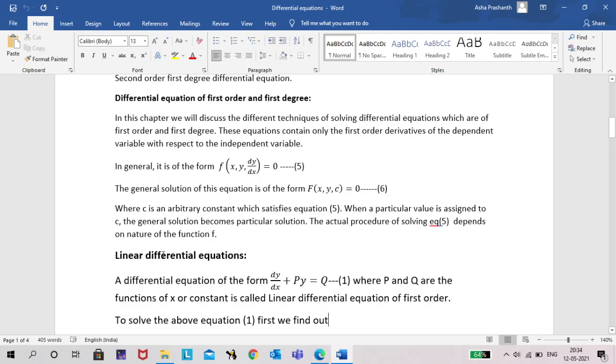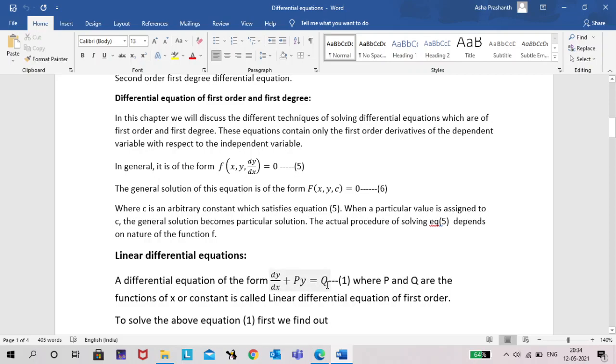A differential equation of the form dy by dx plus py equal to q, which I'm taking as equation 1, where p and q are functions of x, or sometimes constants, is called a linear differential equation of first order.